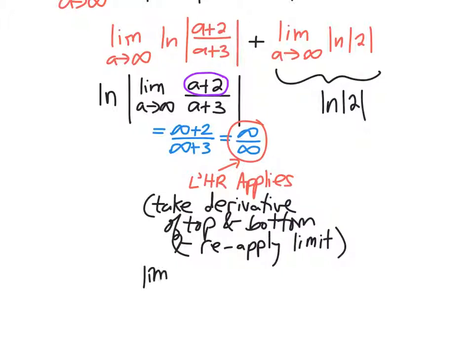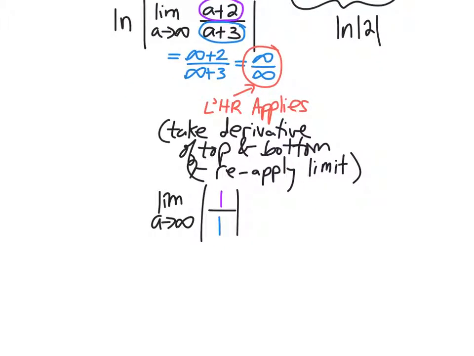So that's going to be a limit as a approaches infinity of 1, and then take the derivative of the bottom. I'll do blue, I guess, which is also going to be a 1. So 1 over 1, constant, result is 1.